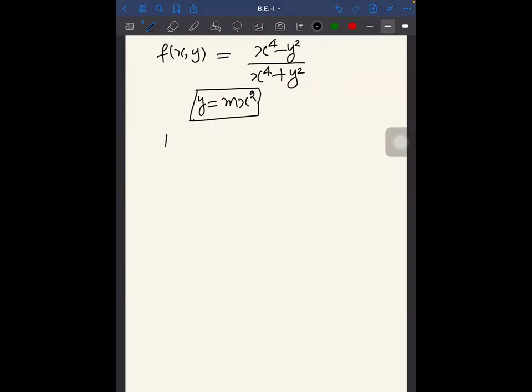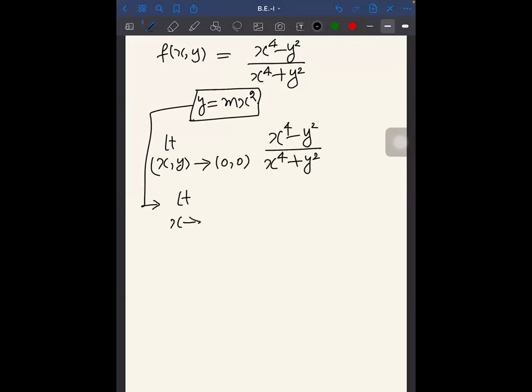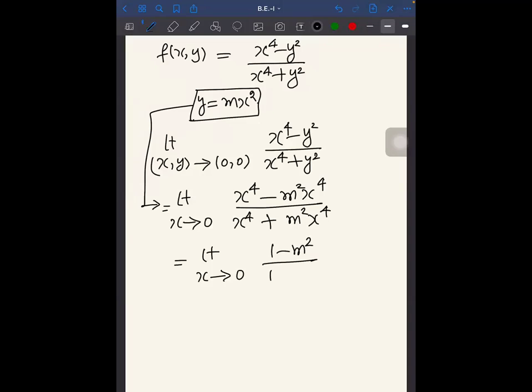Is it okay? So the limit as (x, y) goes to (0, 0) of (x^4 - y^2)/(x^4 + y^2). Choose this path y = m x^2. So this becomes the limit as x goes to 0 of (x^4 - m^2 x^4)/(x^4 + m^2 x^4), which is the limit as x goes to 0 of (1 - m^2)/(1 + m^2).